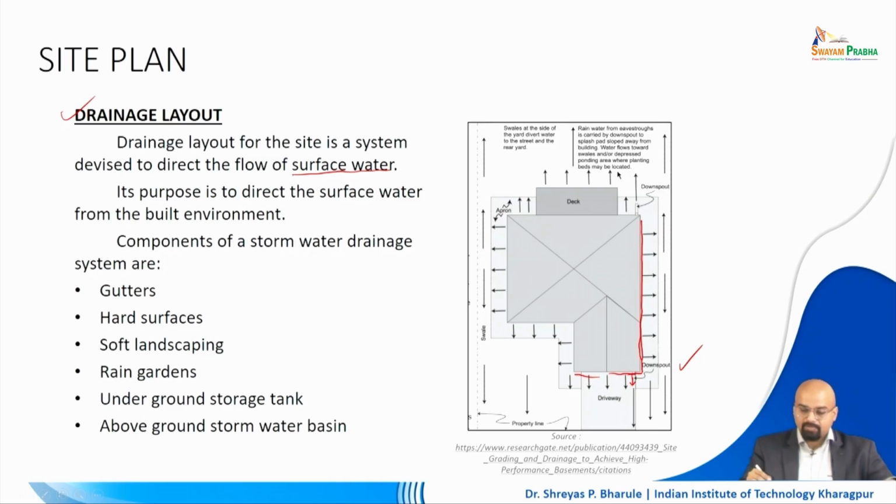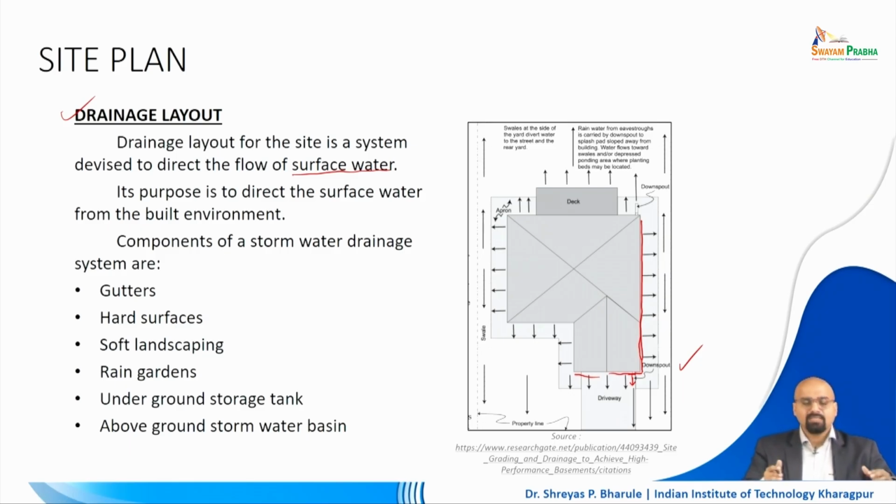From that, it may be collected together and stored in a rainwater underground tank, which will be collecting all the rainwater, or it may be drained out to be percolated naturally. In this case, this dotted line which we see is probably the area where it will be percolating through the soil into the groundwater aquifers, right?